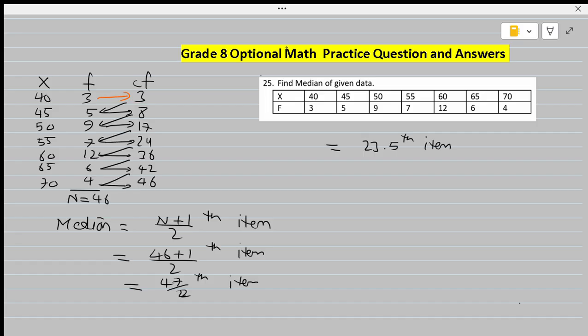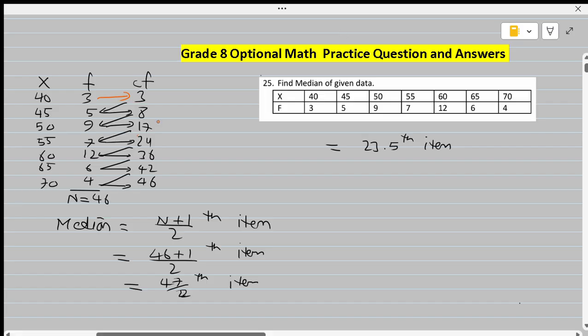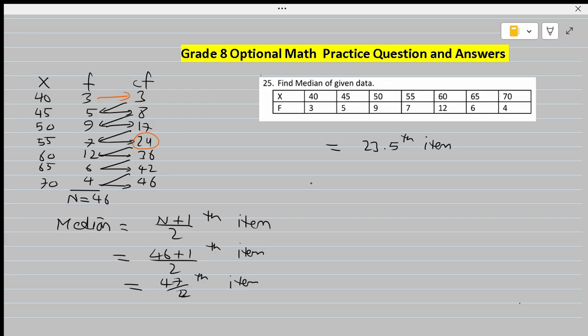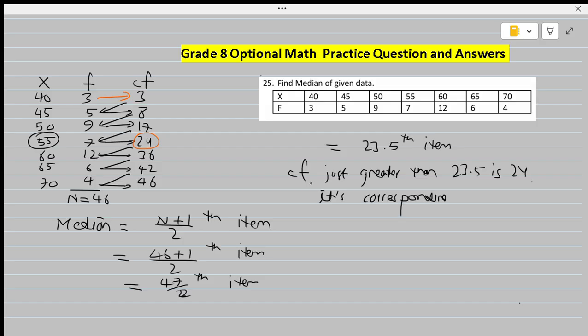It's not 17, it's 24. So we mention this first: the CF just greater than 23.5 is 24, and its corresponding value, when we see, is 55. So its corresponding value is 55, therefore the median is 55. So the median is found.